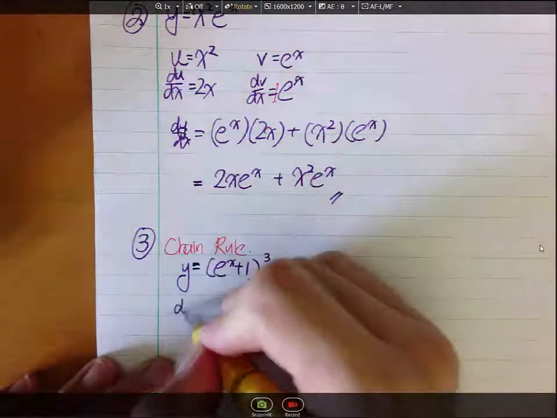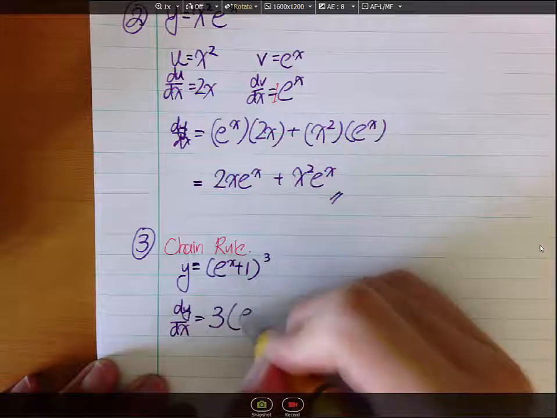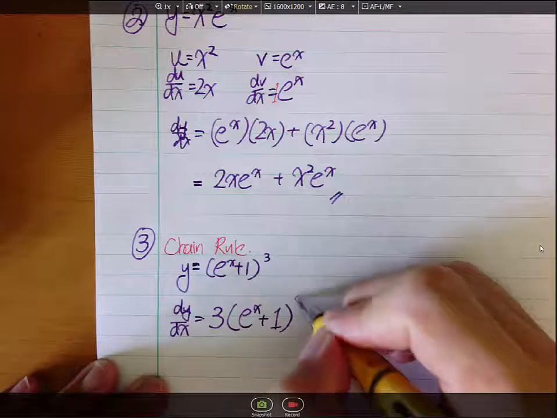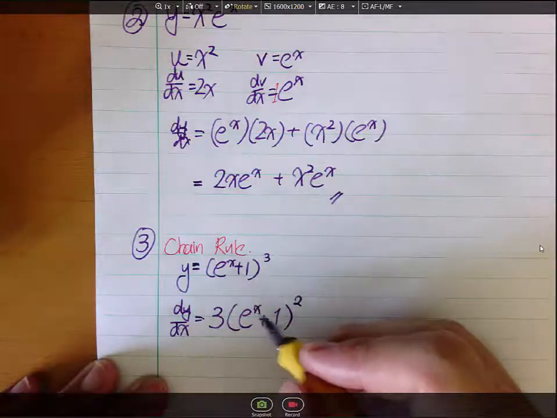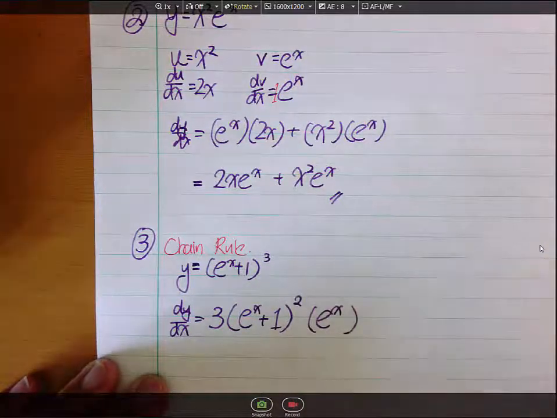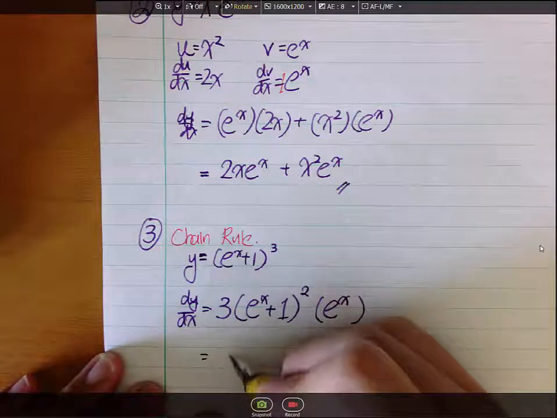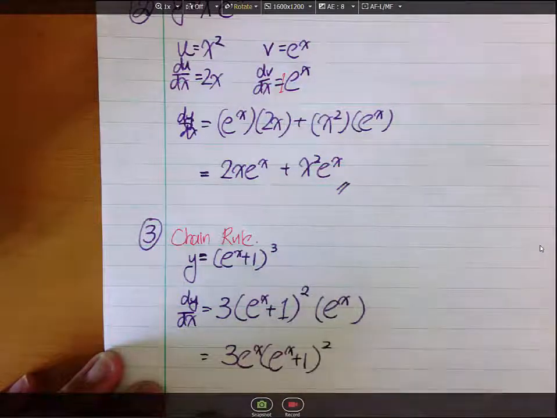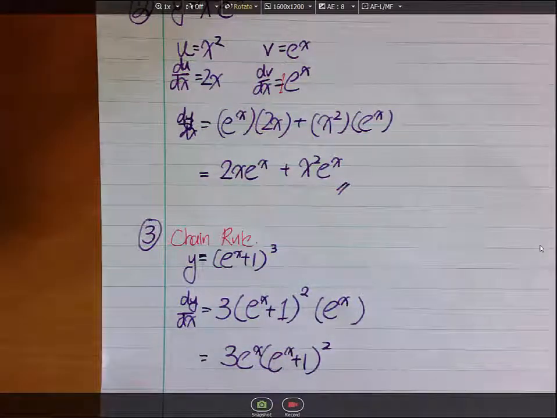Differentiating y with respect to x, 3 we'll bring down, as we have done numerous times already, and 3 minus 1 gives me 2. (e to the power of x plus 1) squared, then you have to differentiate the bracket. e to the power of x, you differentiate x, you get 1, so you still get e to the power of x. Plus 1 differentiated gives you 0. So eventually dy dx gives you 3e to the power of x times (e to the power of x plus 1) squared. And that is it for example 3.